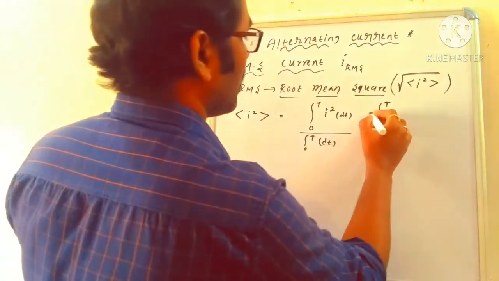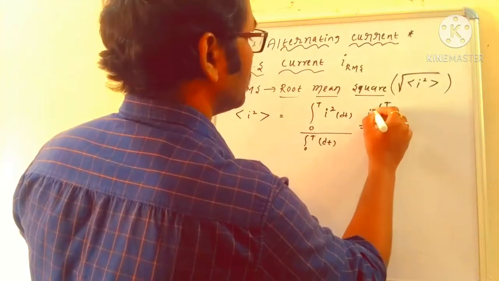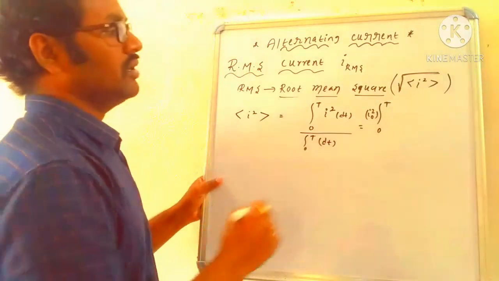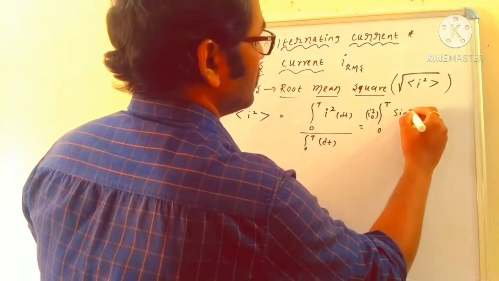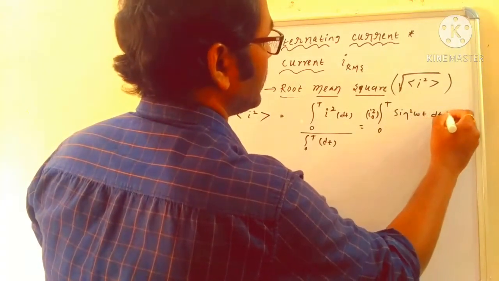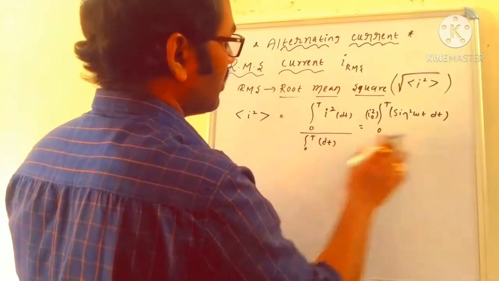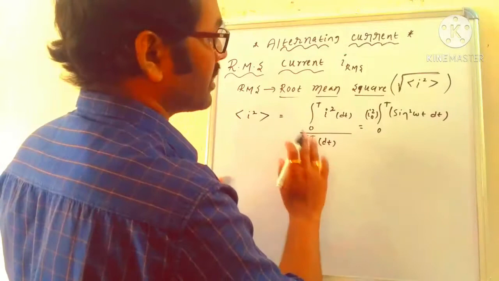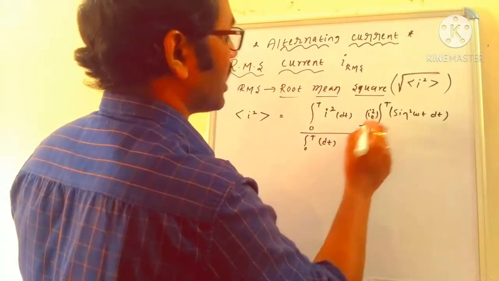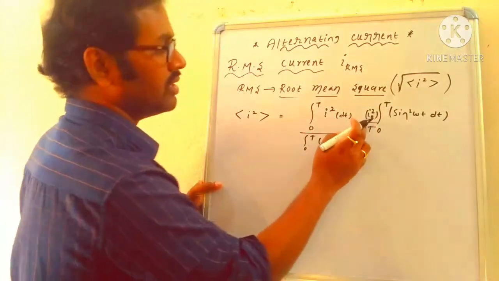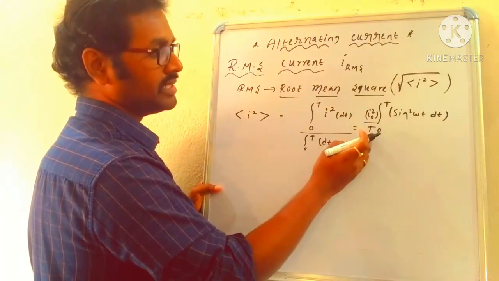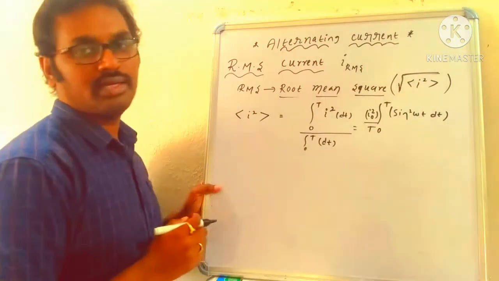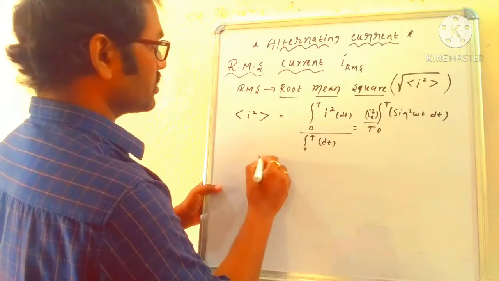I naught square will come outside, and you will get sine square omega t dt, and the whole divided by the integral of dt, which is T. You will get capital T. You can see I naught square divided by T, integration of sine square omega t dt.